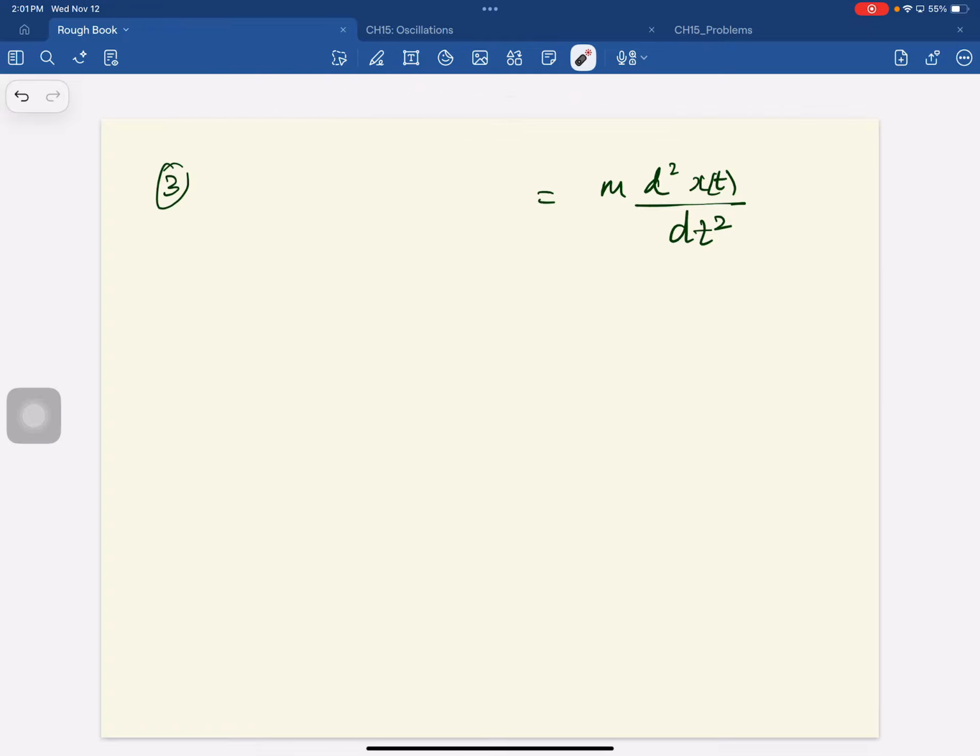That's equal to the sum of all the forces acting on the system. Minus kx, what force is that? That's the spring force. What is this force?